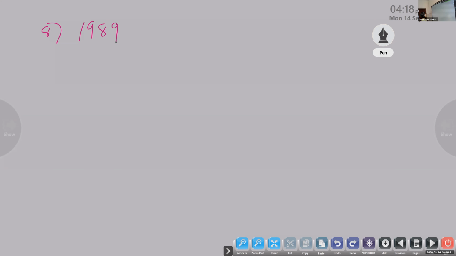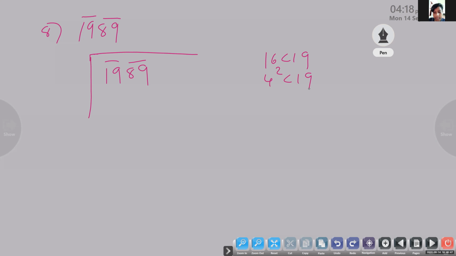So first of all, we will put bars: 19, 89. All of you try. Which one will be the first quotient and divisor? 4, since 16 is less than 19. 4 is the first quotient. 16.